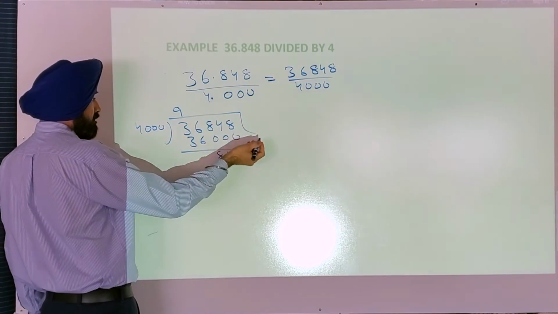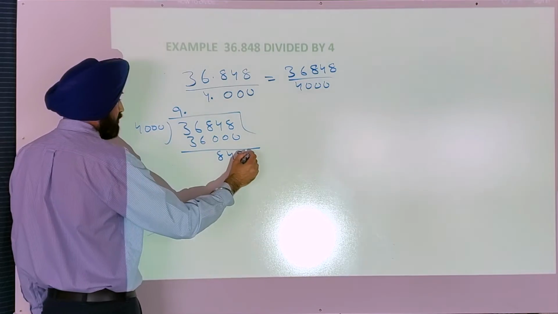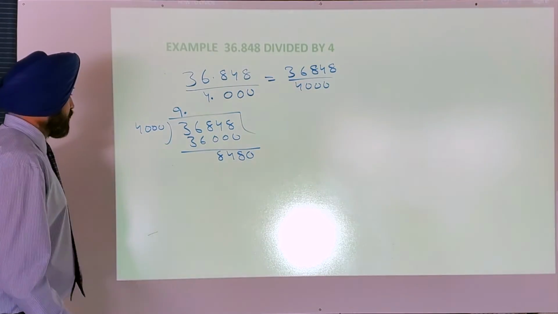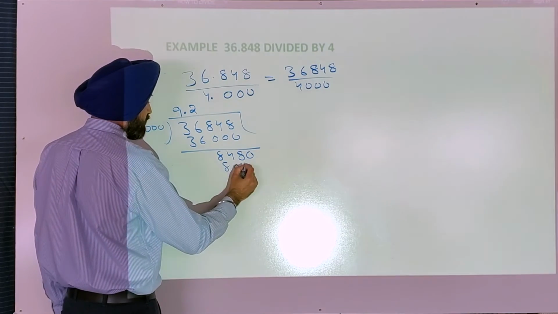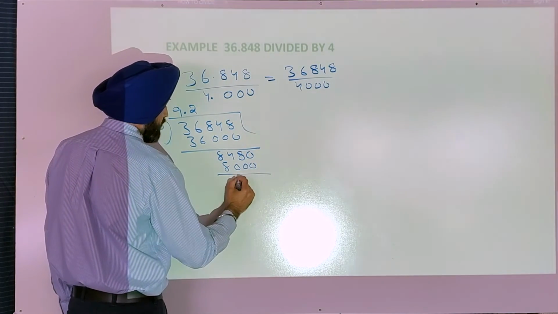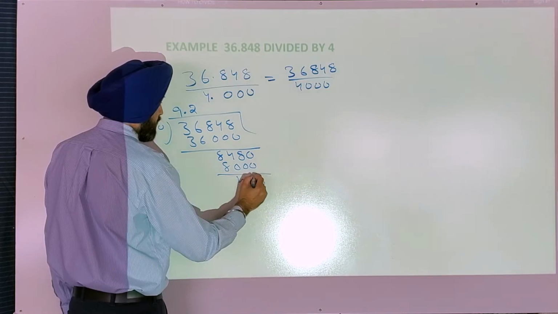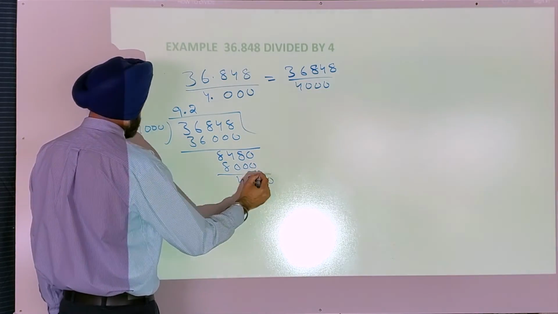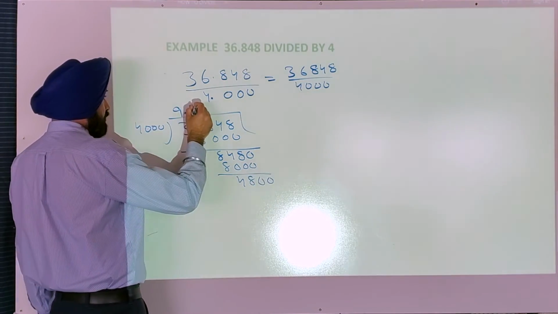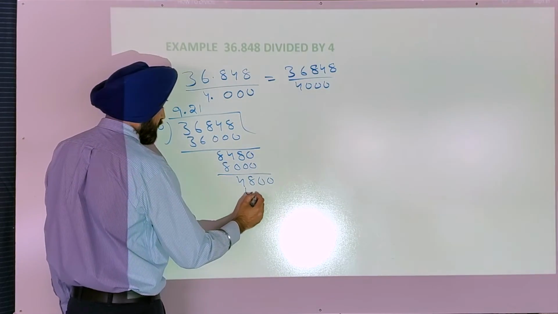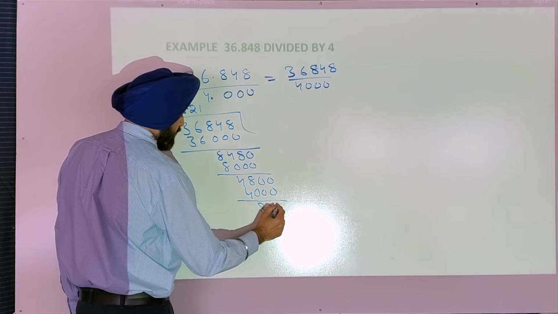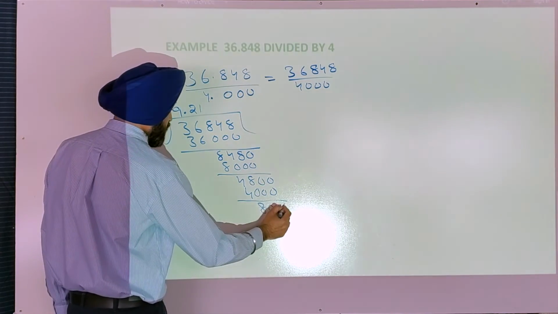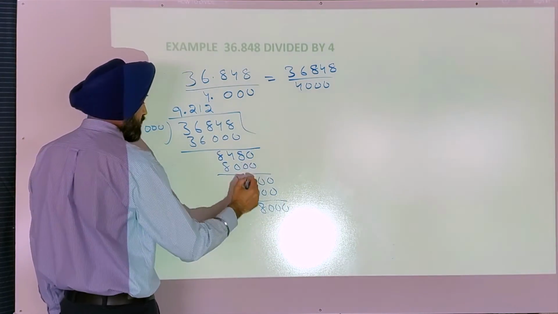Now there's no number left, so put a decimal here and put 0 here. 4,000 times 2 is 8,000. Subtract, 480. Put one more 0. 4,000 times 1 is 4,000. The remainder here is 800. Put one more 0. 4,000 times 2 is 8,000.